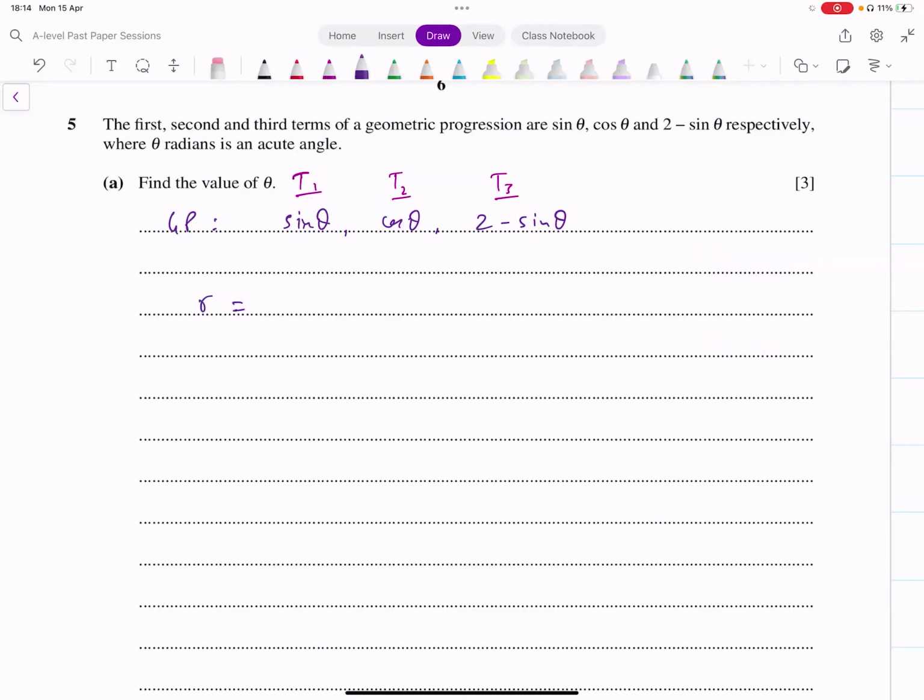Since these are 3 consecutive terms, you can say the ratio between the terms of this GP can be calculated like this. You can say the ratio is T2 over T1, next term divided by previous term. The ratio would also be calculated as T3 over T2.